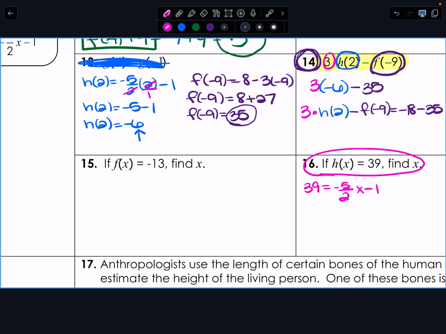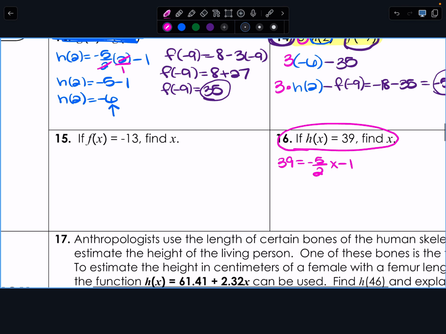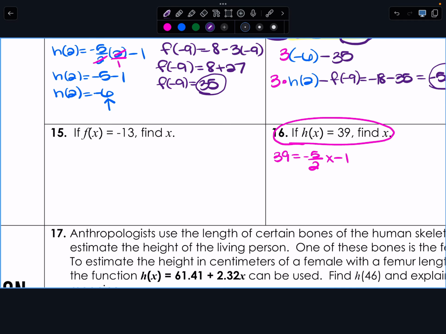Actually, it might be good because if you have a fraction in your homework, then at least you know what to do. So I want to solve for x in this case. I'm adding 1 to both sides. Remember, we draw our line through our equals. Add 1 to both sides, so I get 40 is equal to negative 5/2 x.